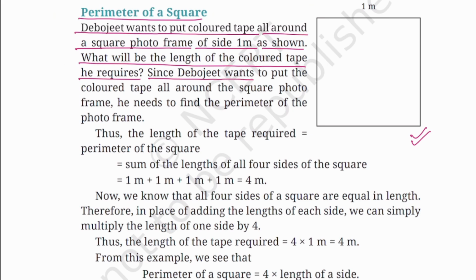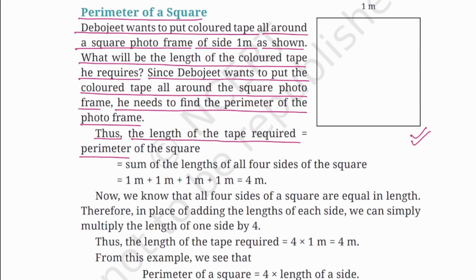Since Debojit wants to put the color tape all around the square photo frame, he needs to find the perimeter of the photo frame. Thus, the length of the tape required is equal to the perimeter of the square. Sum of the lengths of all four sides of the square is equal to 1 meter plus 1 meter plus 1 meter plus 1 meter, which is equal to 4 meter.